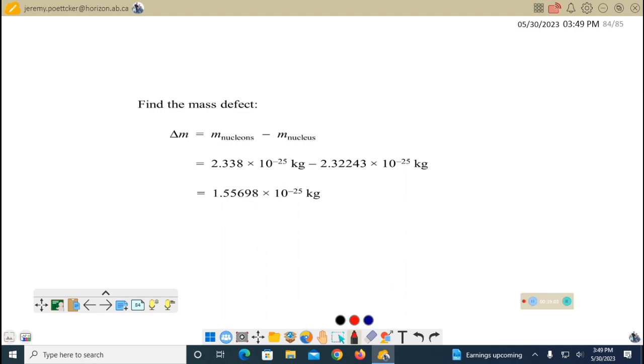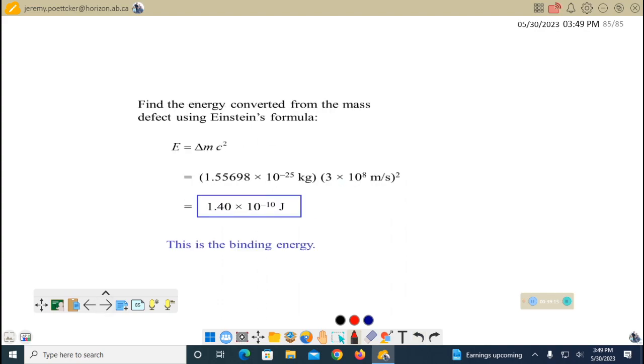The mass defect is going to be the mass of the nucleons, the latest one that we just got, minus the mass of the nucleus. And so the mass defect is this here. Put that into Einstein's formula, and we end up with the binding energy, 1.40 times 10 to the negative 10 joules.